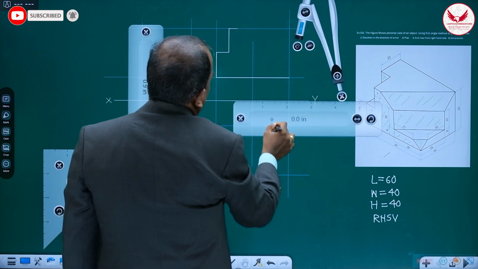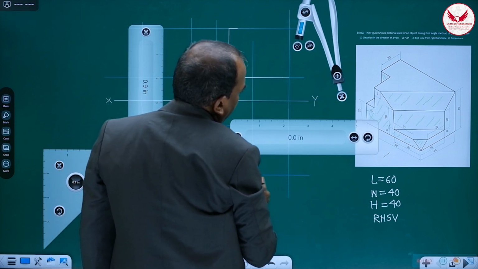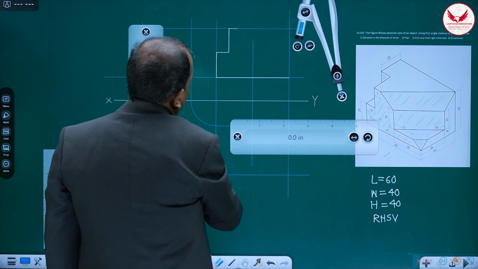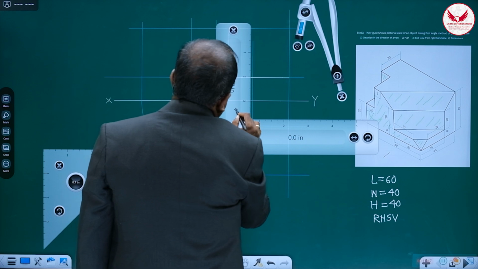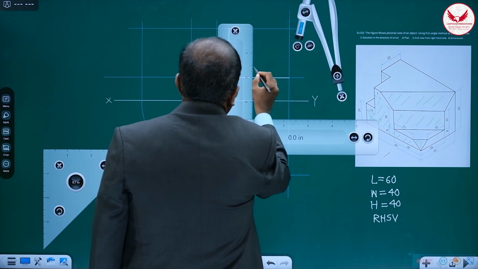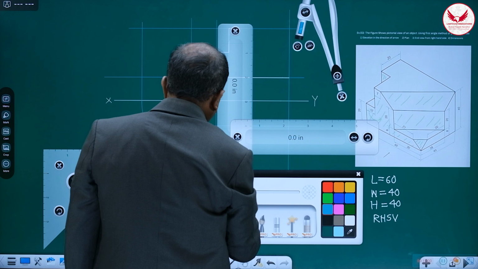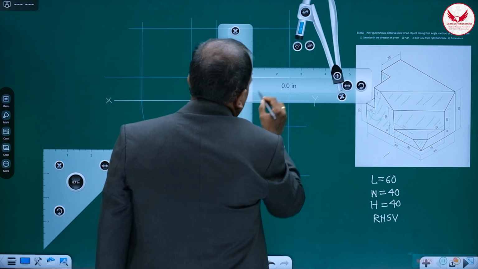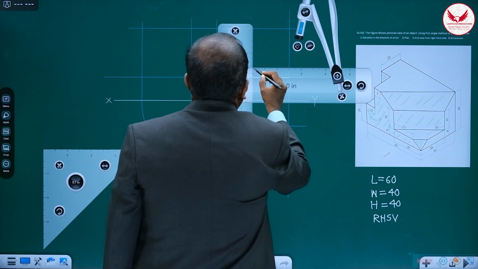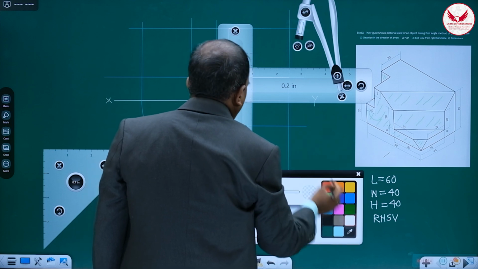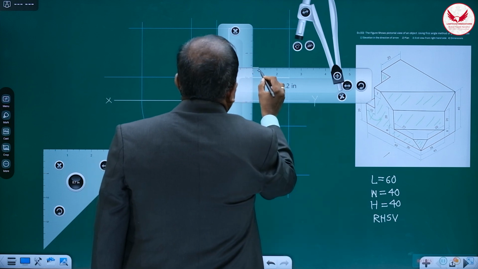It will be useful. Once we mark this light vertical line, from it go 8 mm above and mark it. From 8 mm, you have to mark 21 on the right hand side. So you have to mark 21.